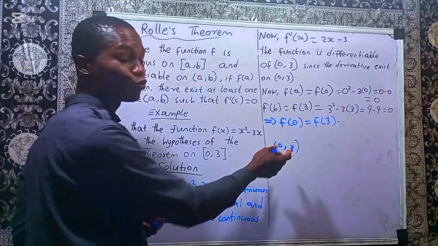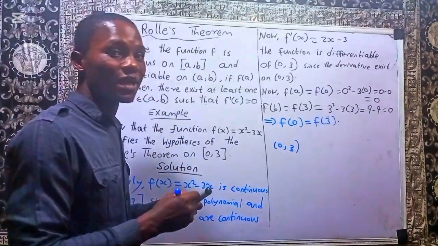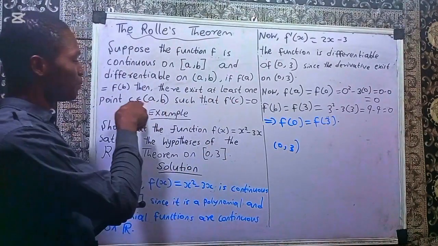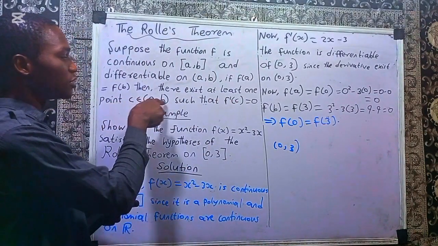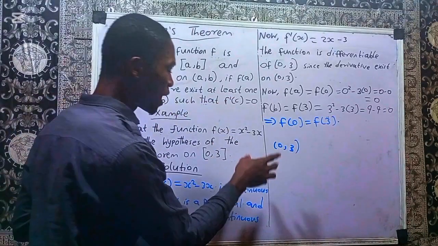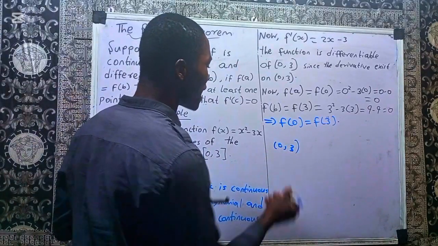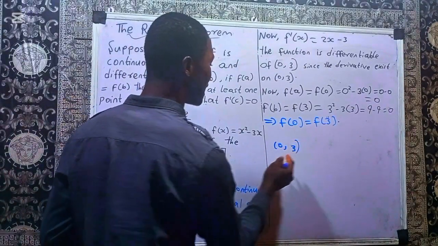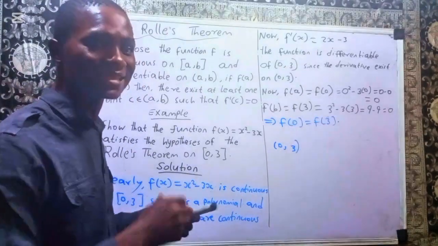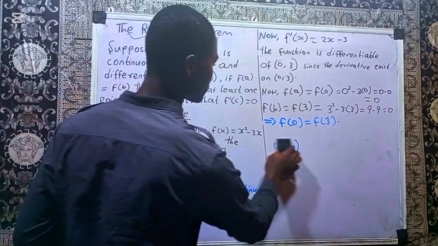I need a number between 0 and 3 such that the derivative of the function at that point will give me what? 0. That's, I need the point c in the open interval such that the derivative of the function at c is 0. So my open interval here is this open interval 0, 3. So I need the number between 0 and 3 so that the derivative of the function at that point will give me what? 0.